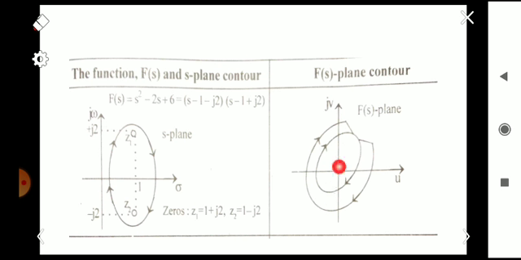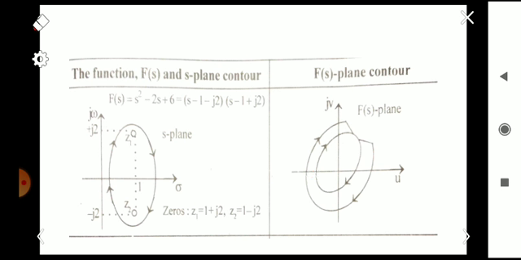So by observing this figure, we can find a relationship between these two figures. Here we are having two zeros on the right half of the s plane, so we can see two clockwise encirclements. Listen carefully. Two clockwise encirclements of the origin in the f of s plane.